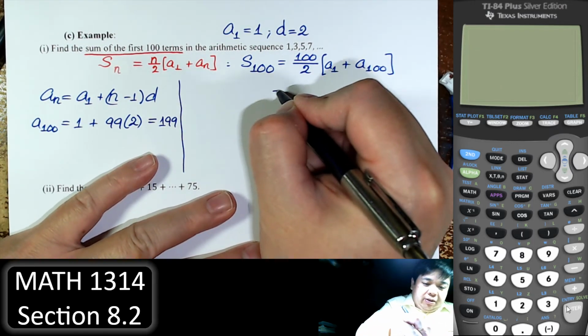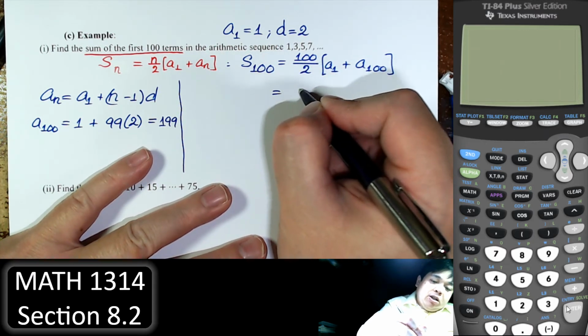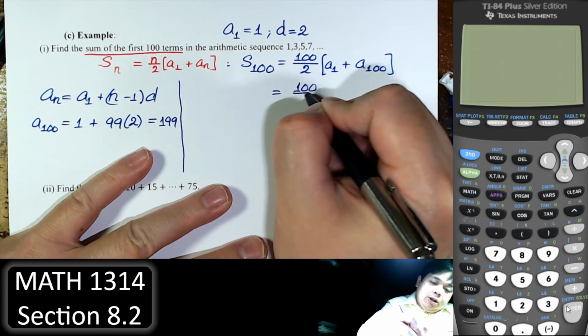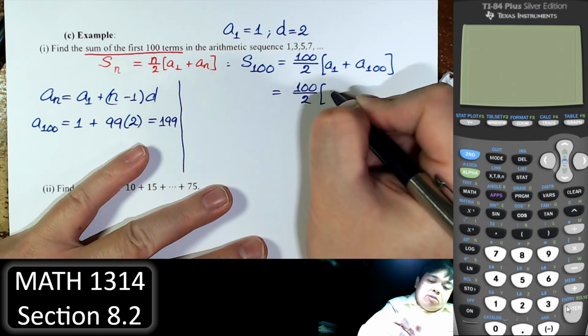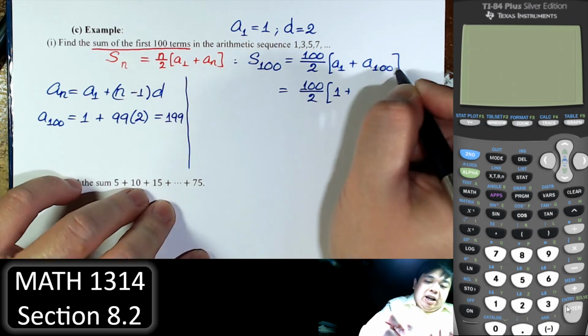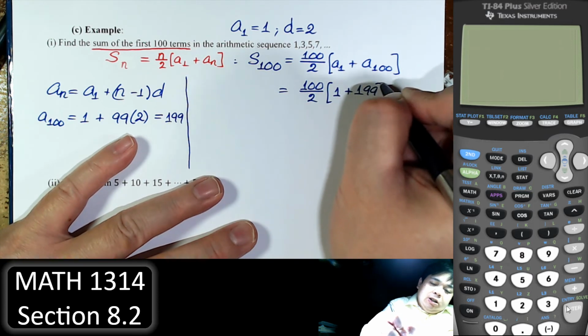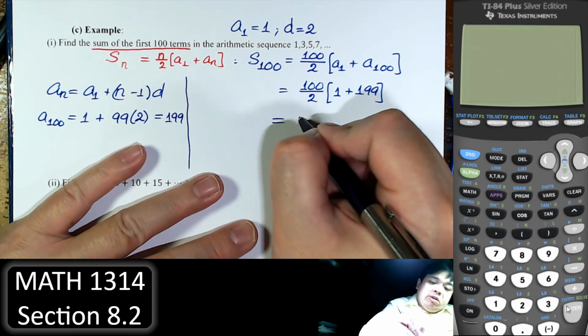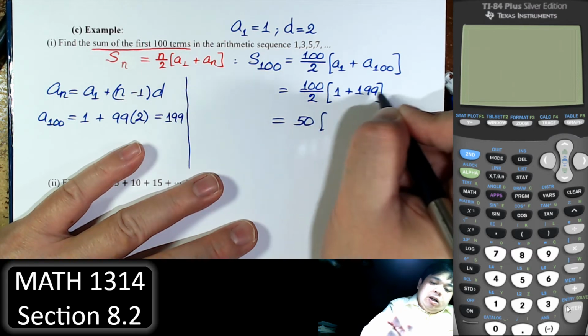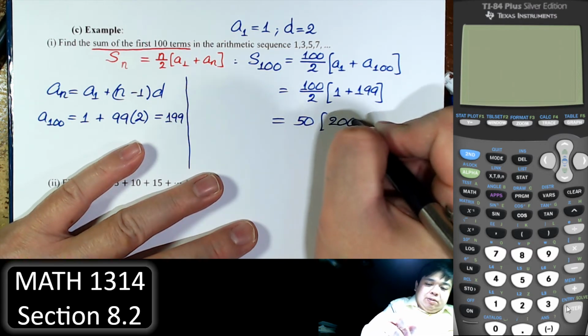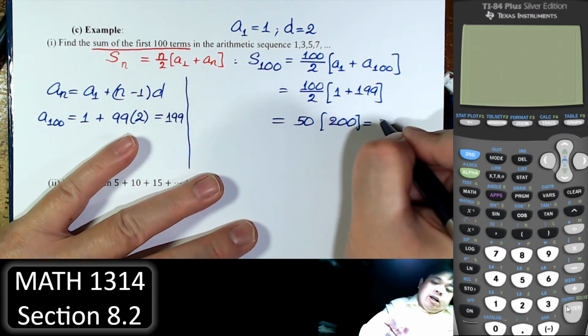So we have 100 divided by 2. The first term is 1. The a sub 100 is 199. So that gives us 50 times 200, which is 10,000.